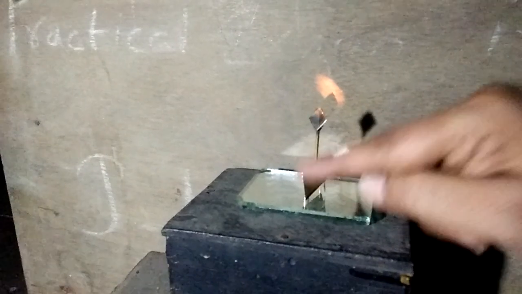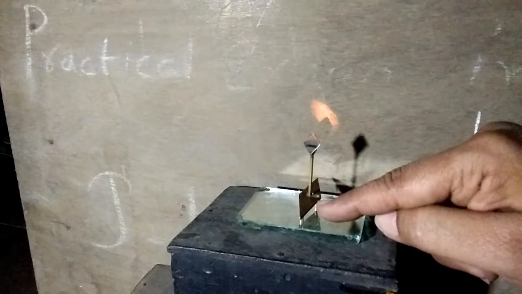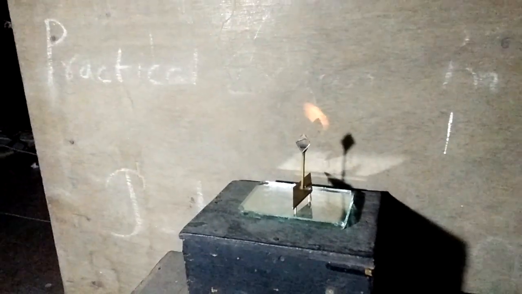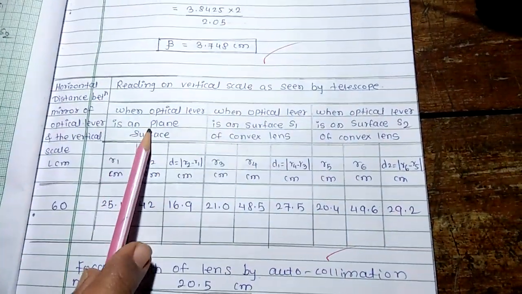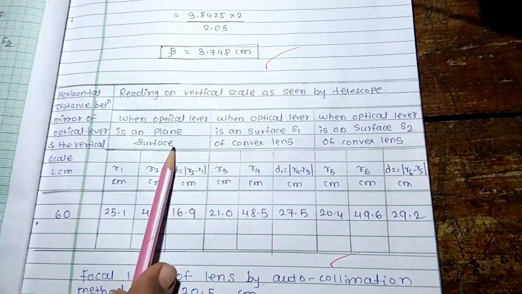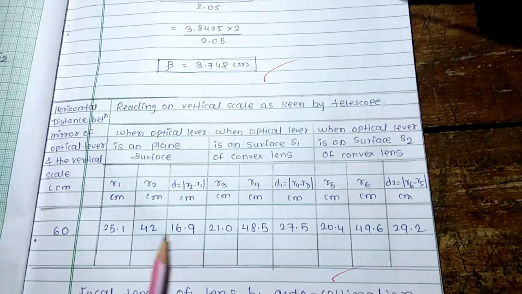While resting on front leg, see the spot on the scale and take the reading for the plane surface. These are the two readings when the optical lever is on the plane surface, that is on glass, R1 and R2. The difference of these two readings is D.